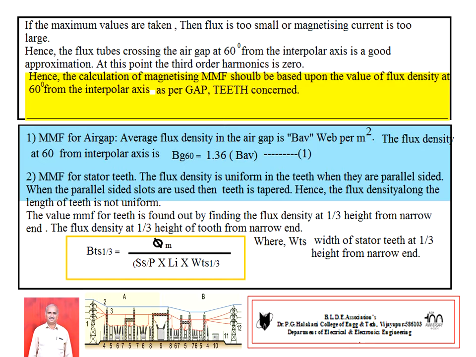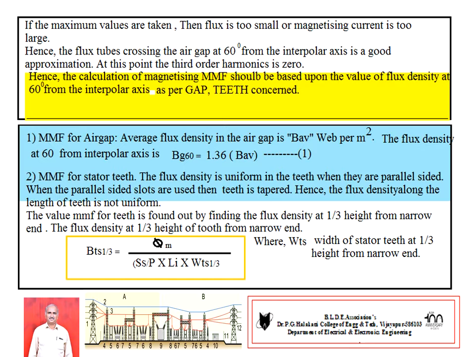Then where should we calculate? We have to calculate the MMF by considering the flux density at 1/3 height from narrow end. Hence, the flux density at 1/3 height from the narrow end of tooth is given by the following expression: BTS 1/3 equals phi m divided by SS divided by P into Li into WTS 1/3.